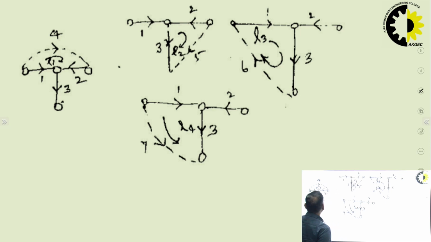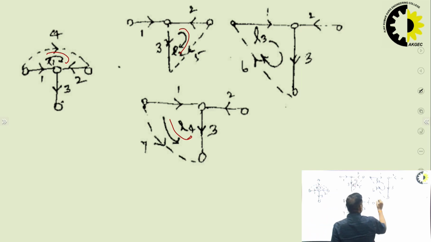So if this is 1, 2, 3, this is the tree. If we add one link, we have one fundamental loop having the link 4. If we add another link, that is link 5, we get this fundamental loop. Then we add link number 7, we get this fundamental loop. If we add link 6, we get another.